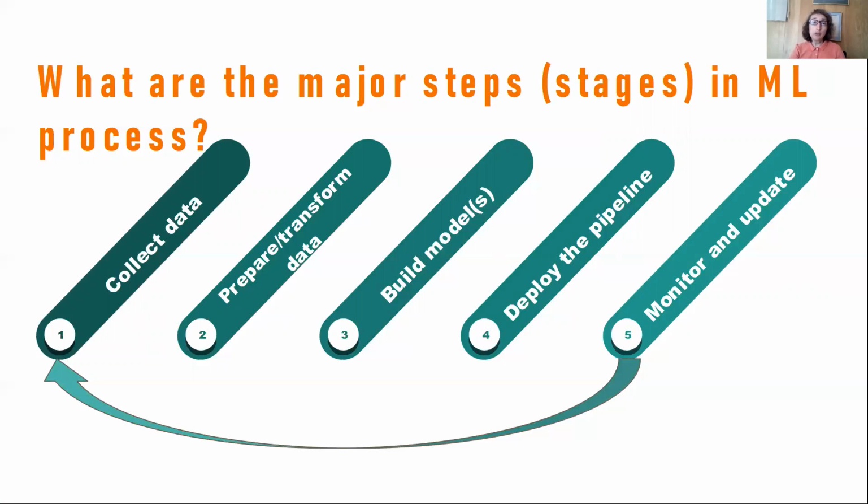Once you have the model and the corresponding previous transformations of the data, you need to deploy all this into your production environment so you can get predictions on the new cases, and that way you can get your return on investment. And once you deploy, again, it's not the end of the story.